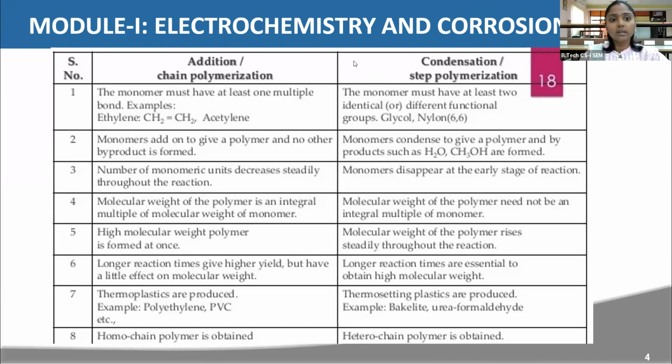Example, ethylene. It has two carbons, so a double bond is present in the compound. Another one is acetylene. So addition chain polymerization must have a multiple bond, like a double bond or triple bond.